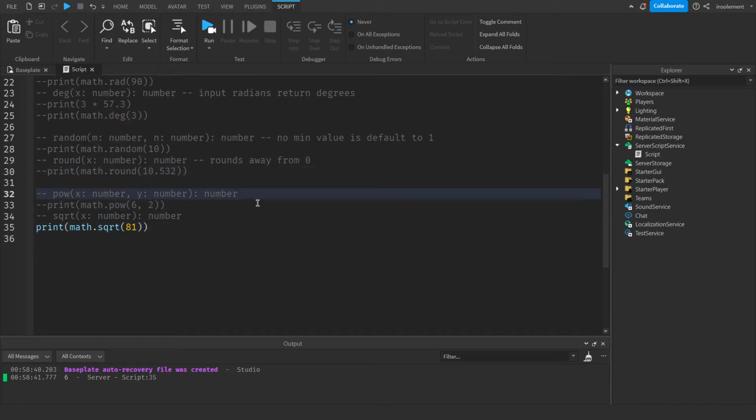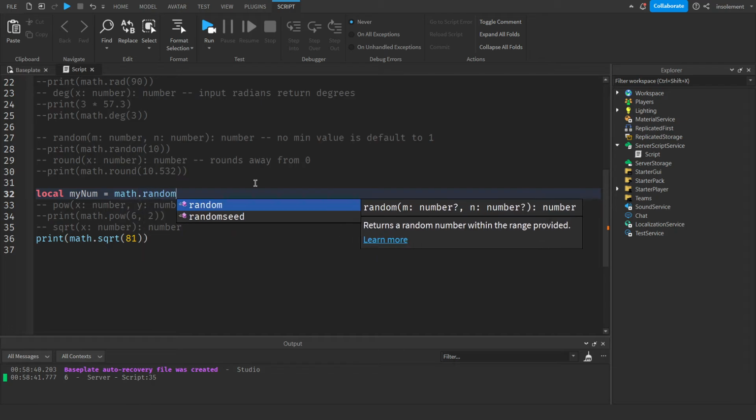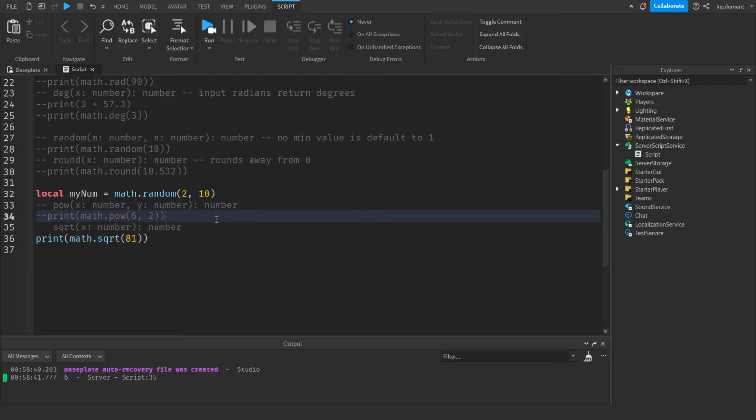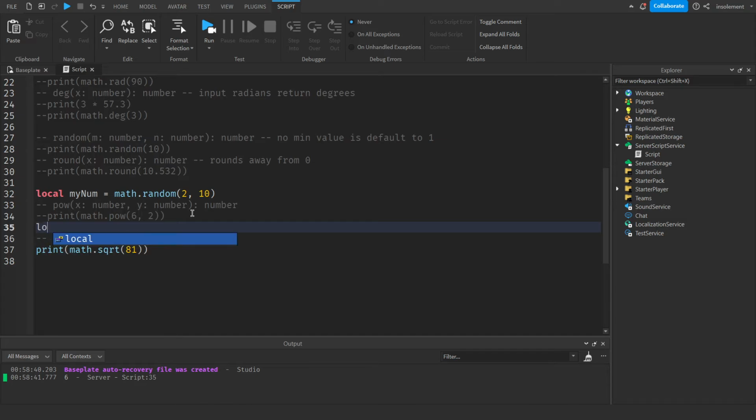We could do this with a variable actually. So let's do local mynum. Let's use math.random. So let's do from 2 to 10, and whatever number we get. So let's do local powered equals math.pow(mynum, 2), right?